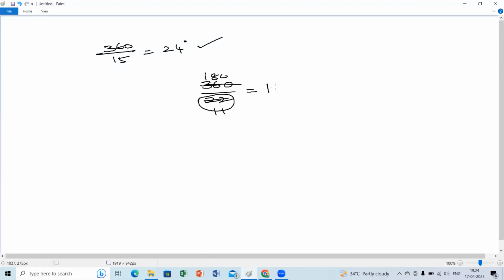Very good. So it's not a whole number. If it is a decimal, we cannot have such a polygon. So that's why it is not possible as 22 degrees as an exterior angle of a regular polygon.